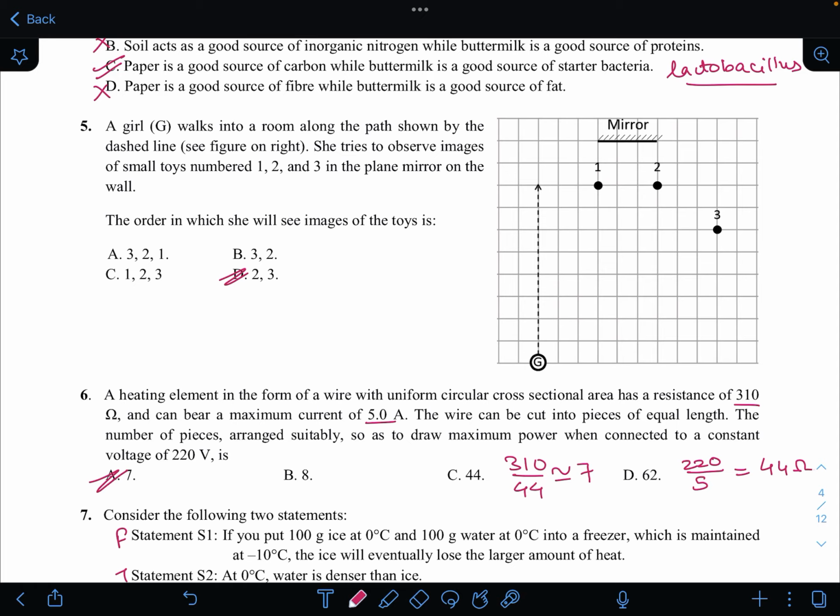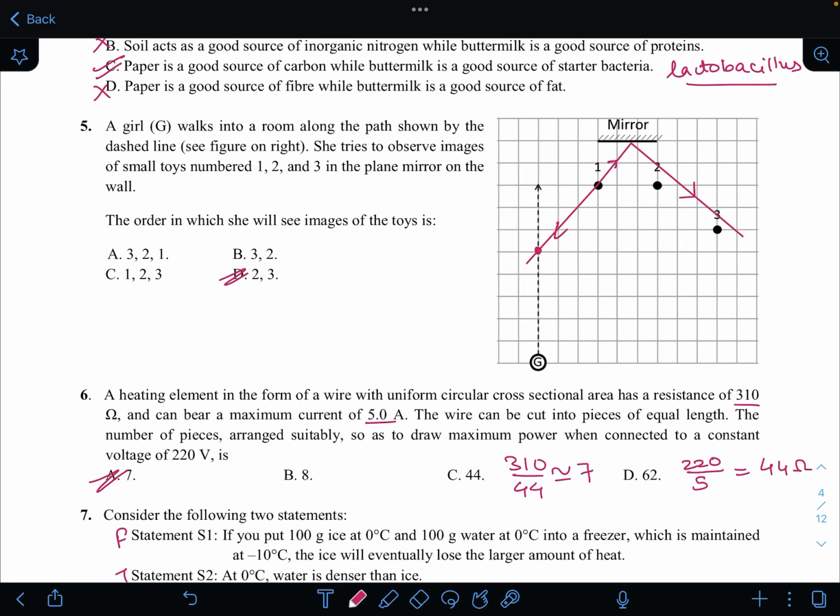Okay, let's start with point number 1. If I draw this line, you can see that the light never reaches the mirror and then the girl's eye. You can think that okay, I'll draw a line like this.